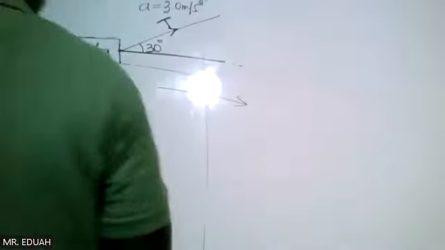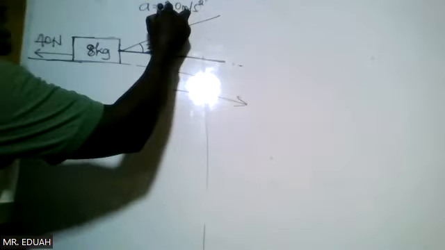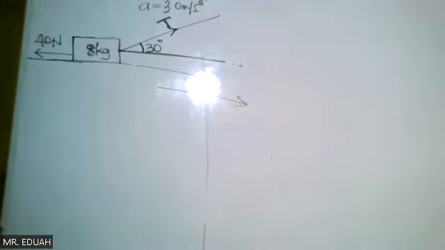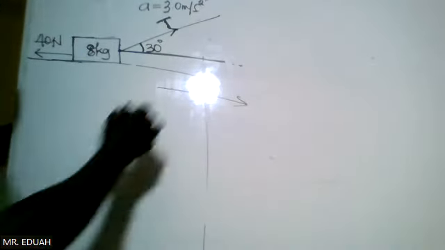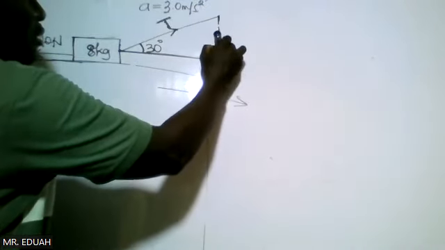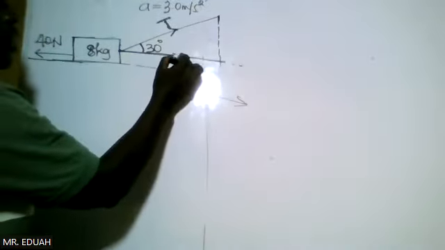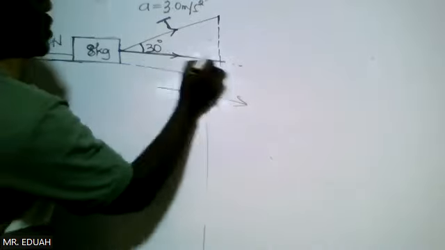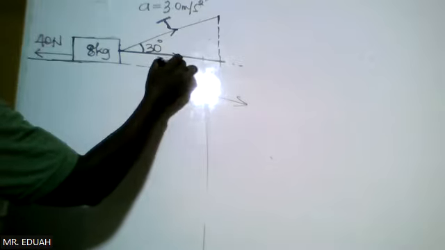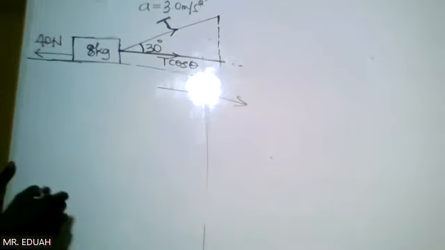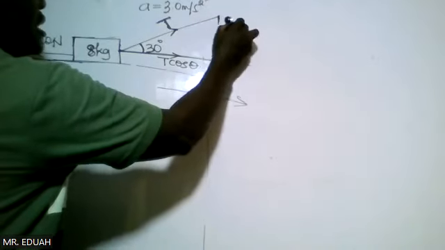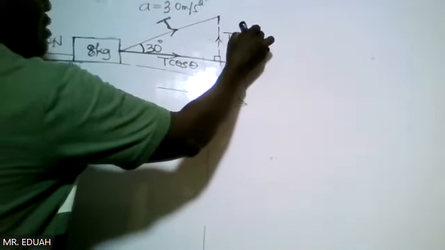Okay, so once the tension acts with some angle theta, we need to resolve to get the components of the tension. When you resolve, the horizontal component of the tension becomes T cos theta. The vertical component is T sin theta.